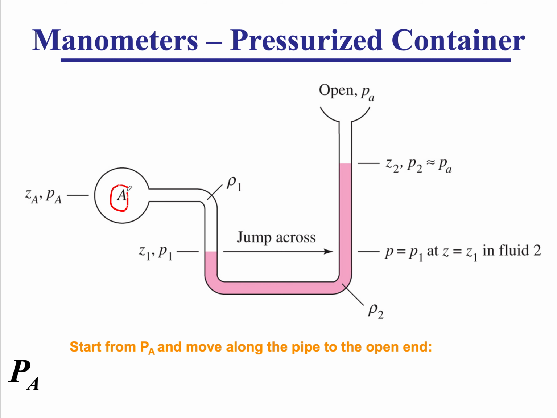This is a cylinder where we know the pressure at point A, and we have two fluids, rho 1 and rho 2, and it's open to the atmosphere at the end. And we are interested in the pressure PA minus P2.